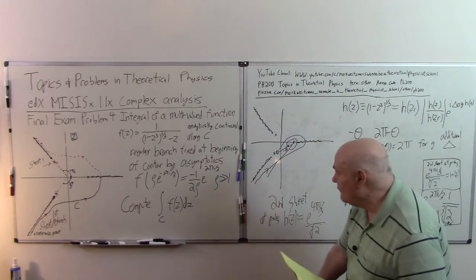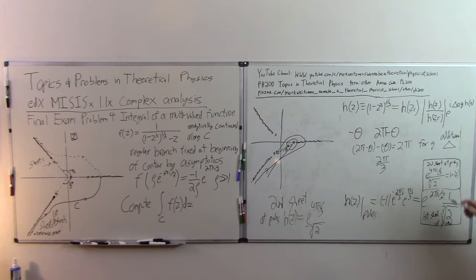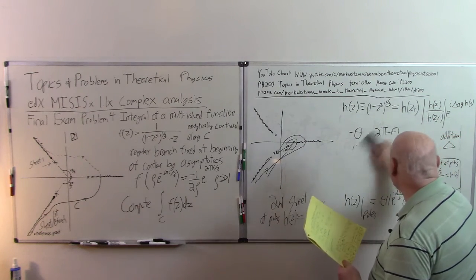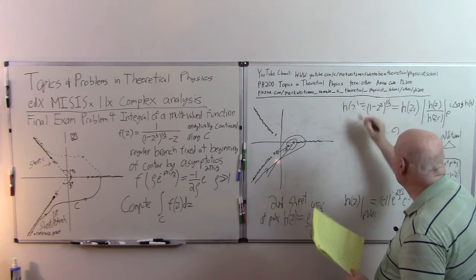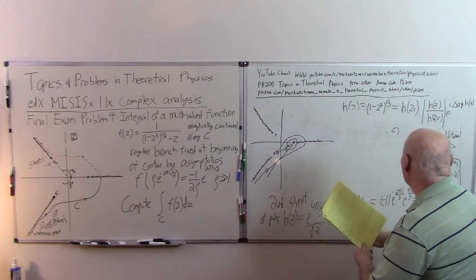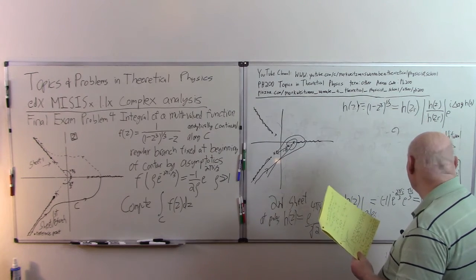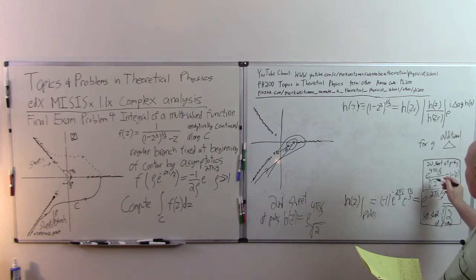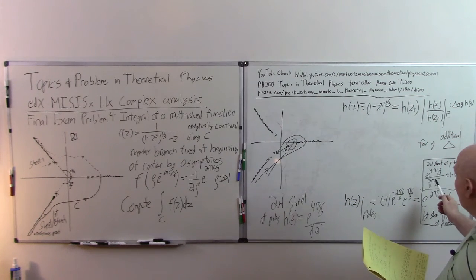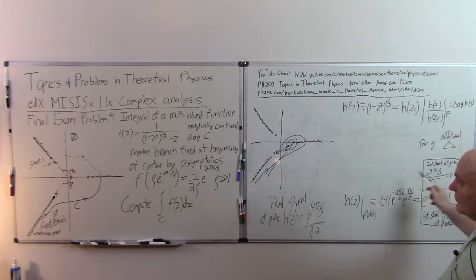So remember, our formula, we need to have h of z to be equal to z. So the only pole on the second sheet is going to be where this is going to be equal to the value of the pole.